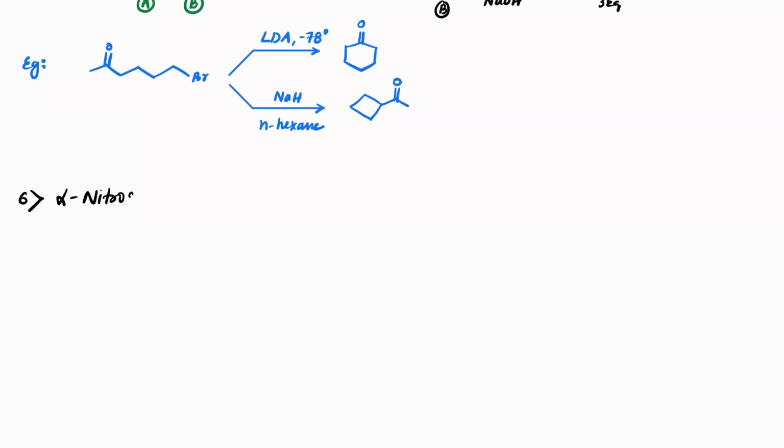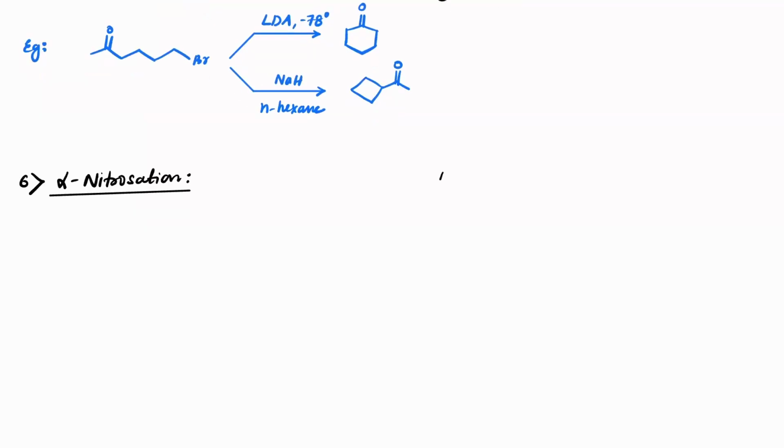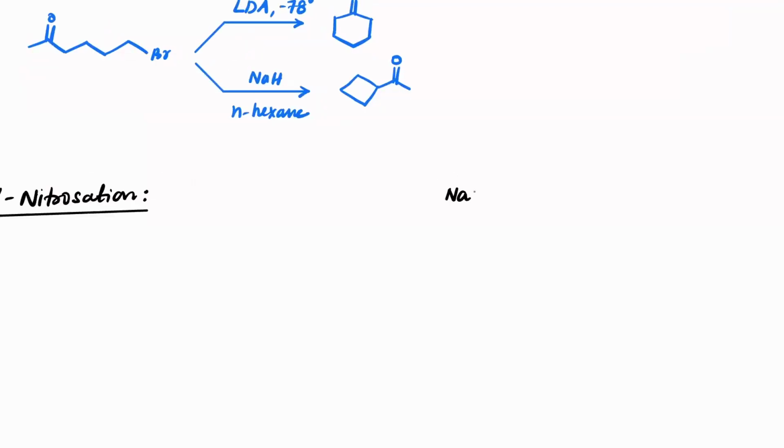I just pushed it a little down, so you can start from here. Alpha nitrosation is a very simple reaction. You remember that when I take NaNO2 and add it to HCl, that will convert into HNO2 plus NaCl.